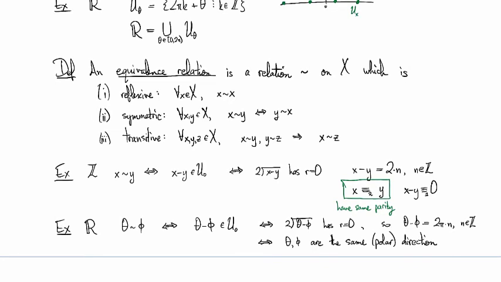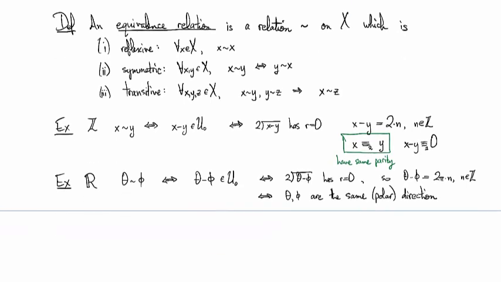Now, of course, Z is not a vector space, right? But the idea will still come across the same way.